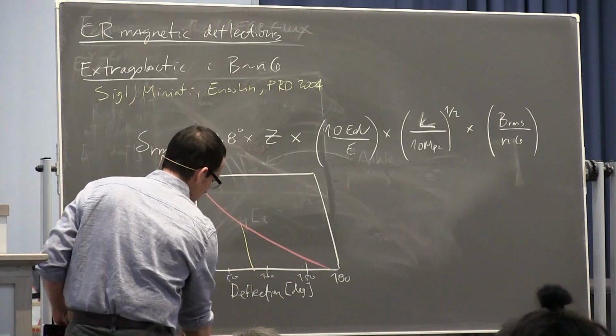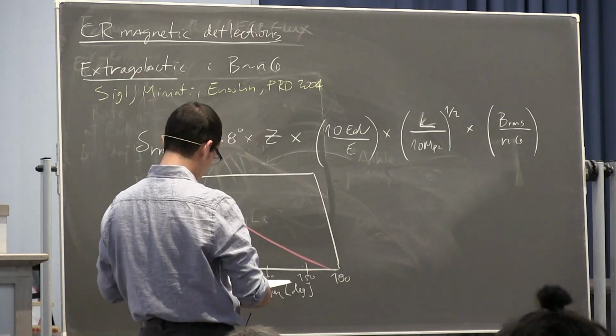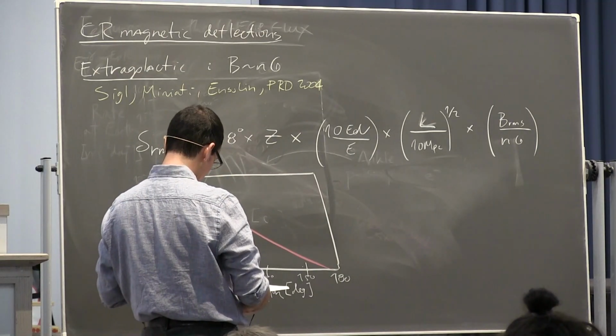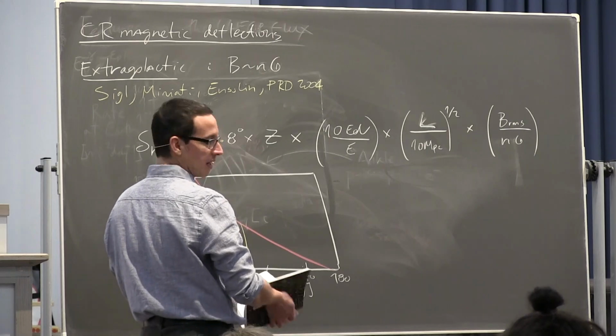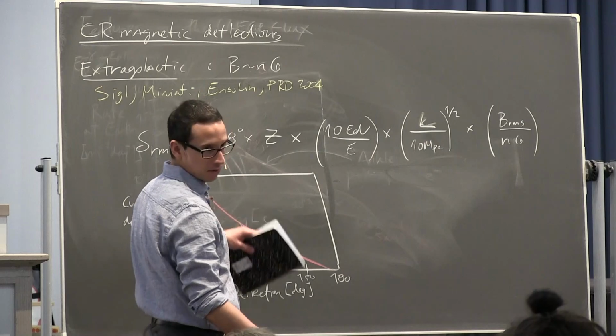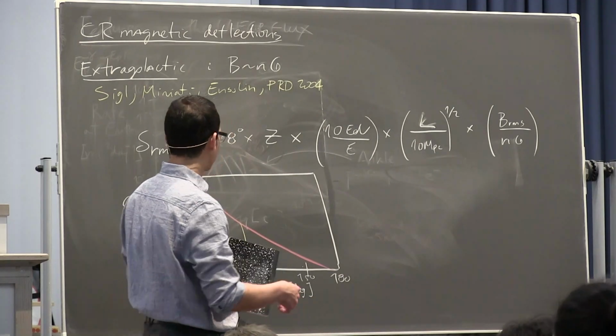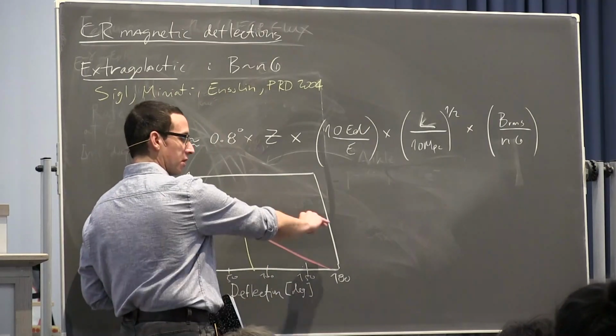And that then means that your chances, and by the way, this is just for a proton, a proton of 10 to the 20 electron volts probably. For iron or anything more charged than a proton, these deviations are even stronger.